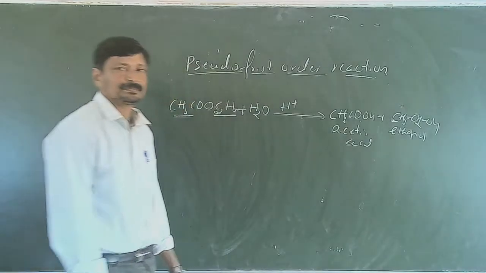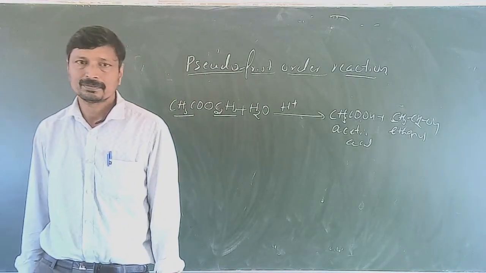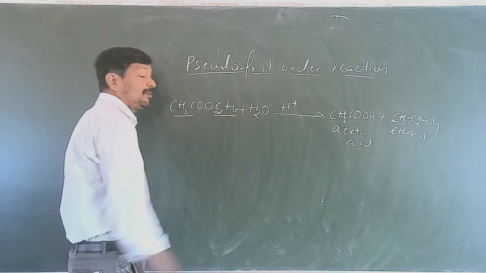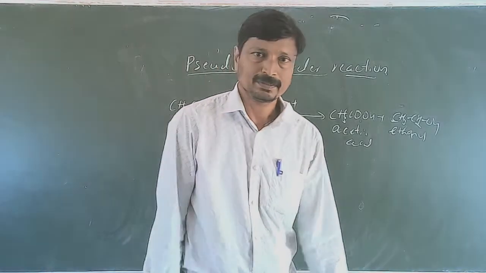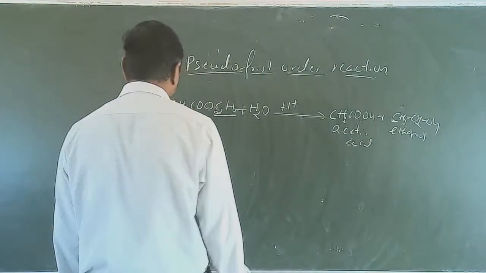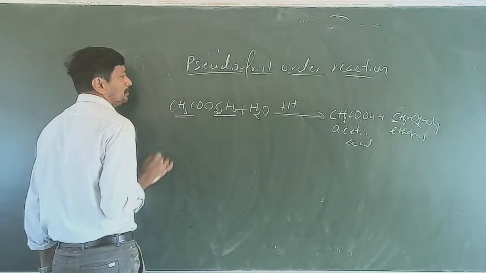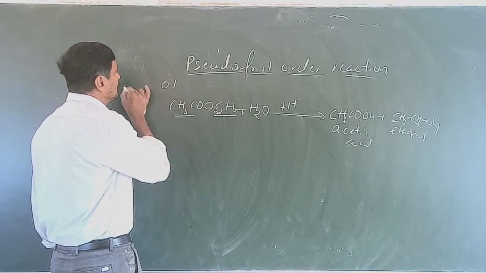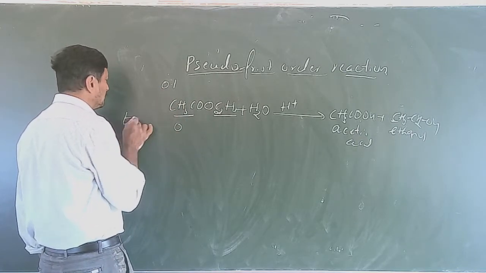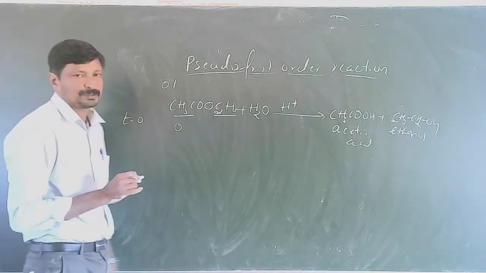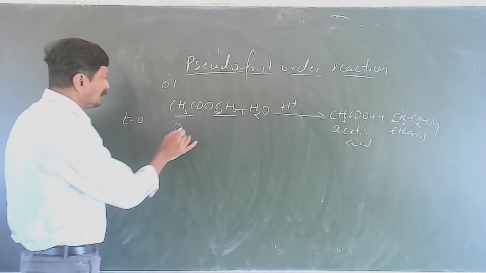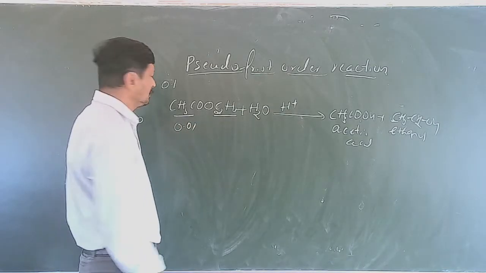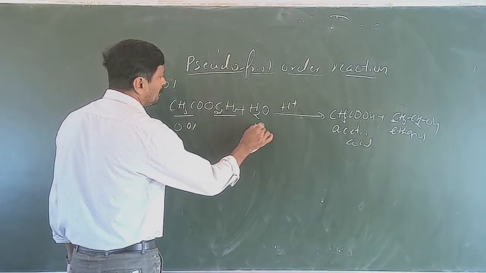Here, suppose you have taken water in large excess, 10 mole of water, and you started with 0.01 mole of ethyl acetate. At T equal to 0, the initial concentration is 0.01 mole of ester and 10 mole of water.